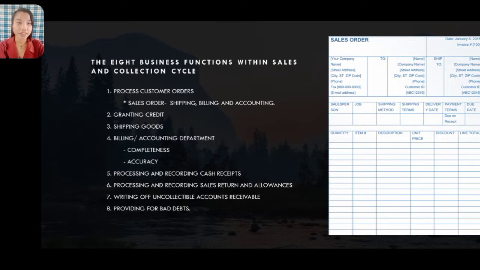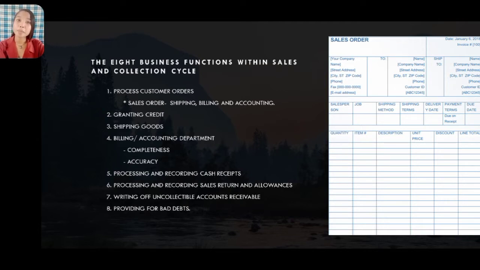Here, you can see the quantity of the goods being purchased, items, description, unit price, discount, and line total. Once the sales order is created, it would be sent to the shipping or the billing and accounting department.